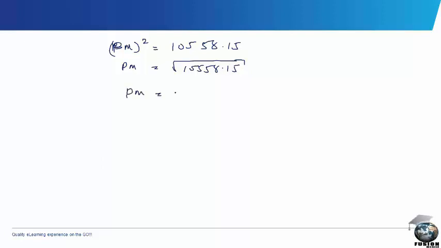PM squared is equal to 10,558.15. So PM will be equal to the square root of 10,558.15. Taking the square root of that, we have PM equal to 102.8. Do your approximations very well and you will obtain that.